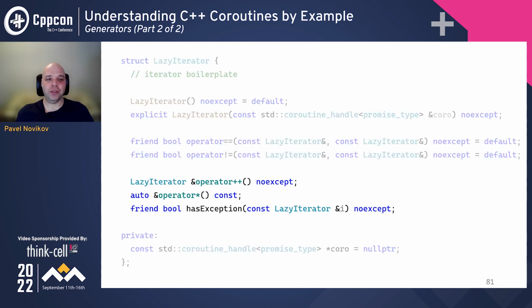So the other option is kind of lazy iterators. In this case, incrementation does not throw, it is noexcept, but dereference throws instead. And also we can have a has exception function, which tells us, without throwing an exception, that in the current state the generator has an exception, or rather the iterator that is connected to the generator has an exception.